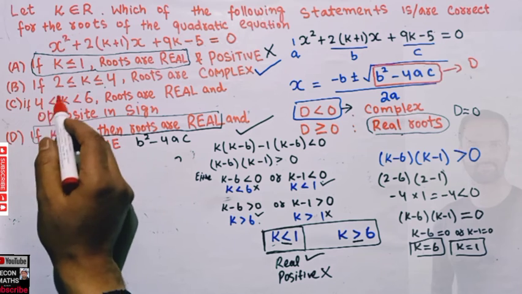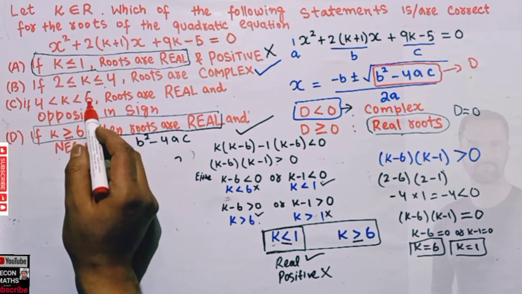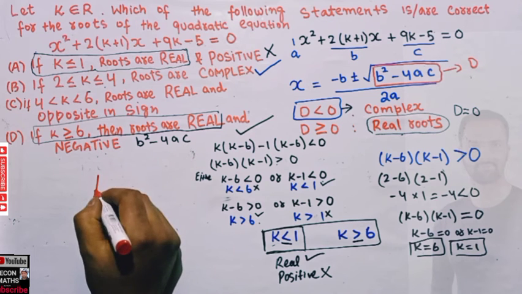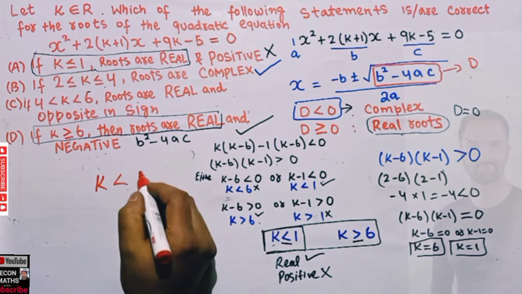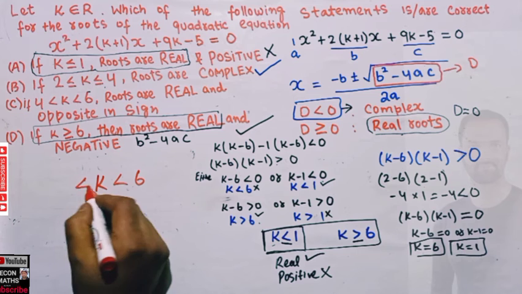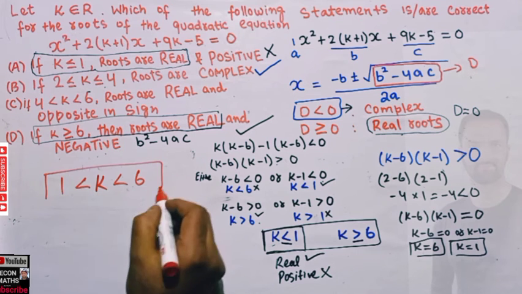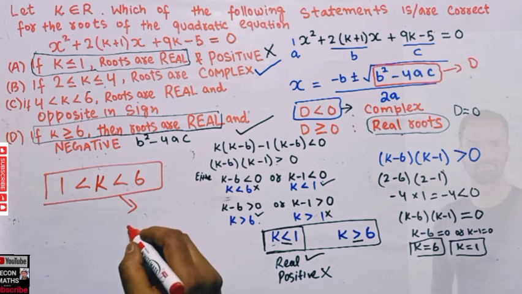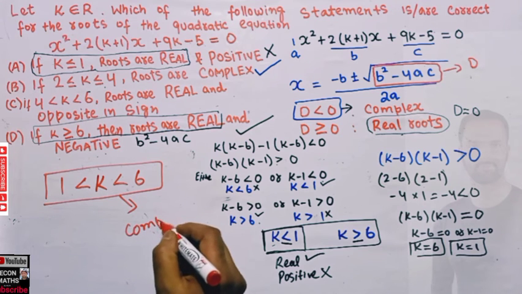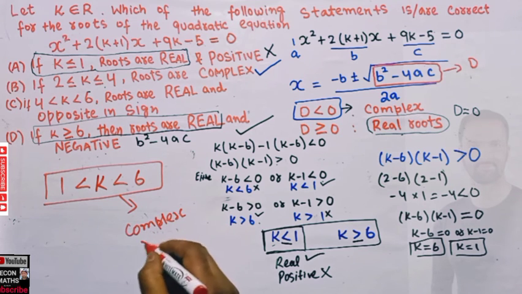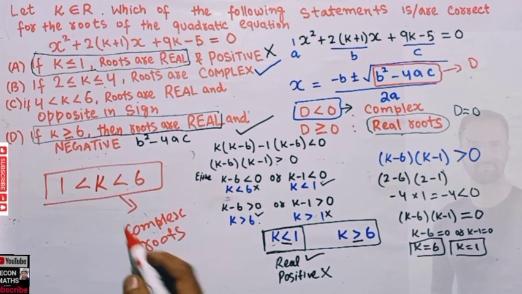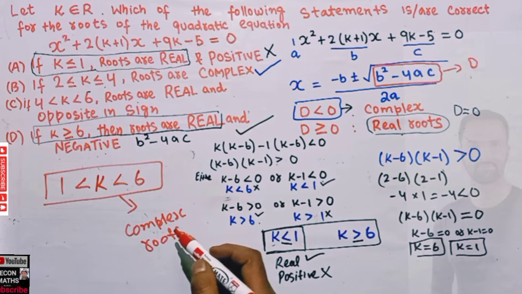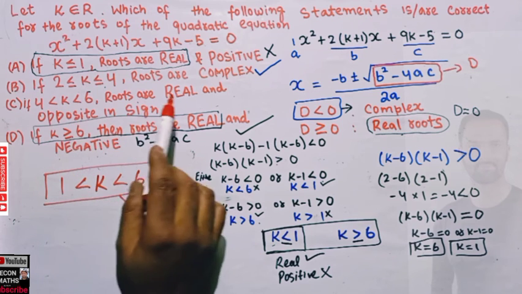So the C part says k should lie between 4 and 6. But we have seen earlier that when k is greater than 1 and less than 6, we have complex roots. When k lies between 1 and 6, we get complex roots, but here it is saying that roots are real.